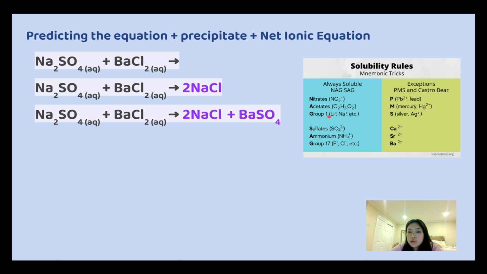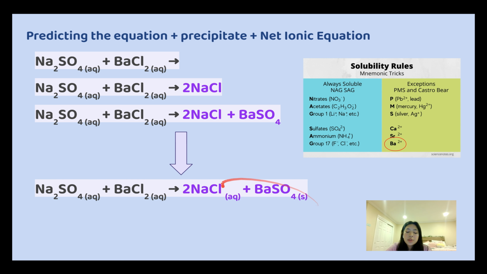It's a group 1 and a group 17, so that's soluble. As for BaSO4, barium is one of your exceptions. So although sulfate is soluble, since it's bonded with barium, it's going to be insoluble. So this is what you're going to be left with. Your precipitate is barium sulfate.